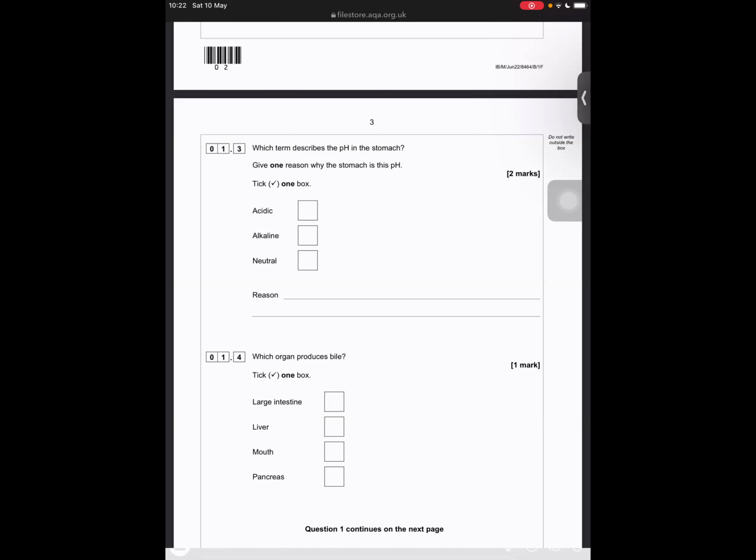It aids digestion generally. I think it's not basically for any particular class of foods. It's just for general classes of food, but it aids digestion and it's produced by the liver. If there's a question about where it is stored, that's the gallbladder. So we can move on now.